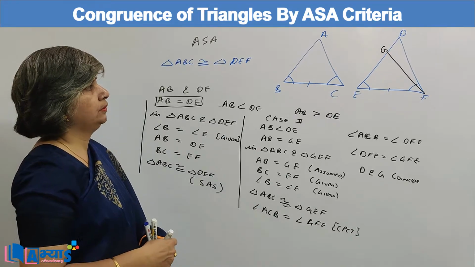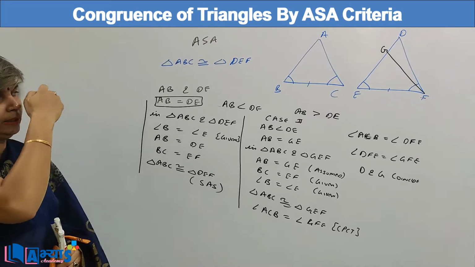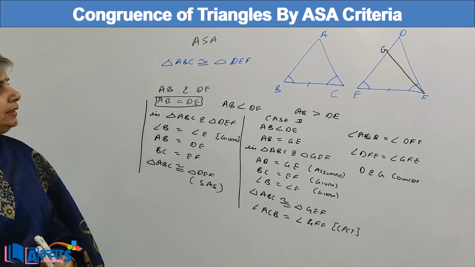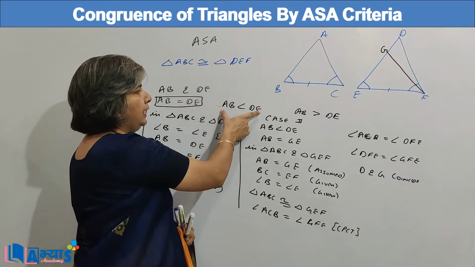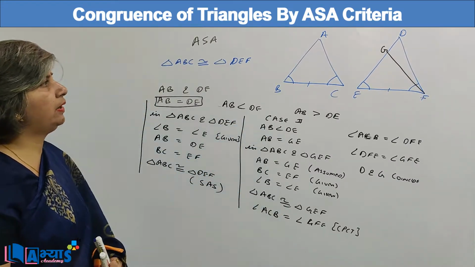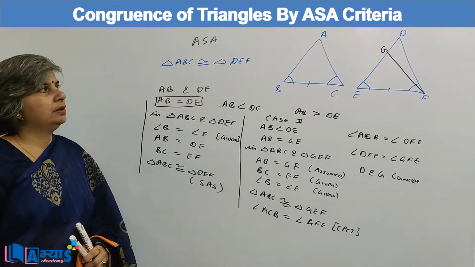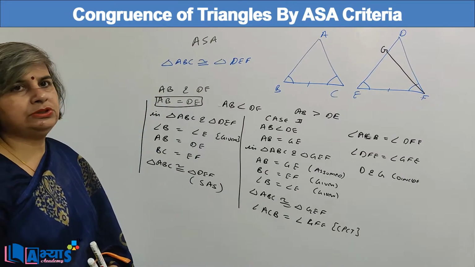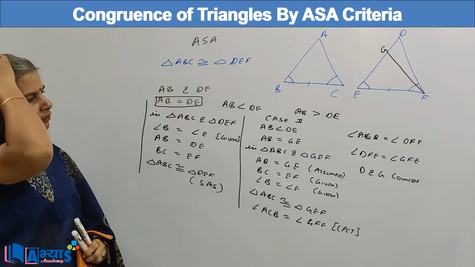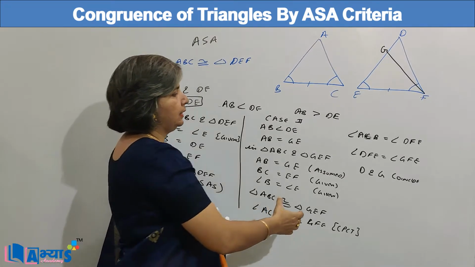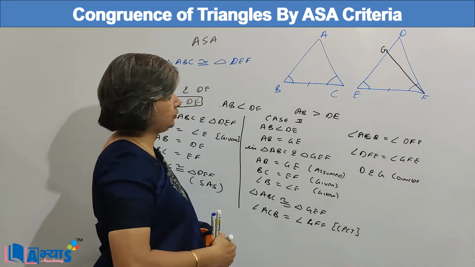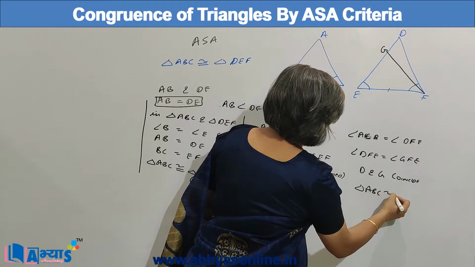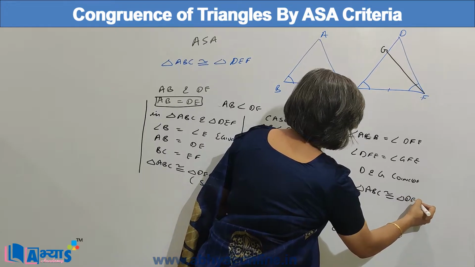DEF. So in case 1 we have taken that AB is equal to DE and we have seen that the triangles are congruent. In the case 2 we have taken that AB is less than DE and so we have taken a point G on DE and we have taken AB equal to GE and we have found that triangle ABC is congruent to triangle DEF.